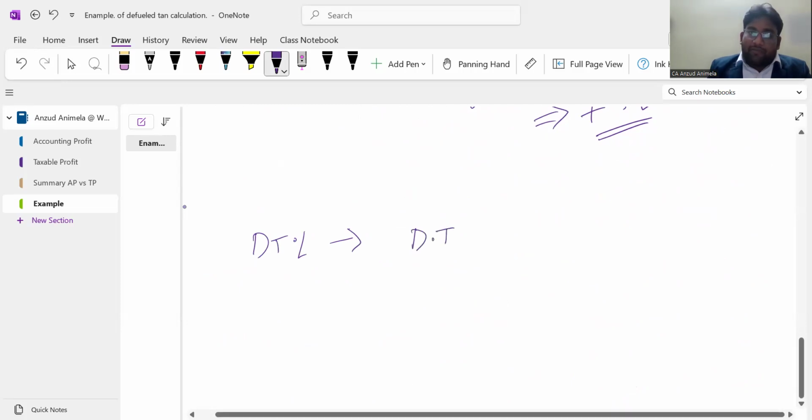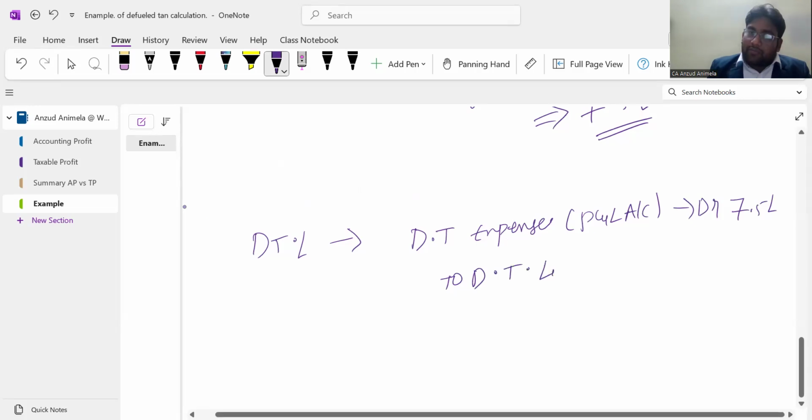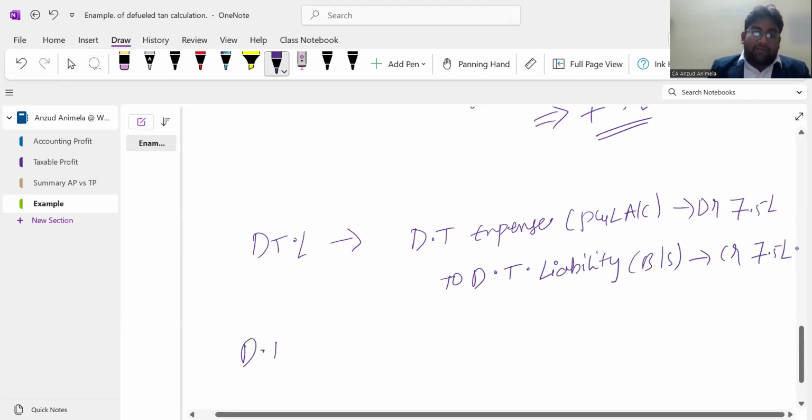The entry would be: deferred tax expense, P&L account, debit 7.5 lakh, to deferred tax liability, balance sheet, credit 7.5 lakhs.